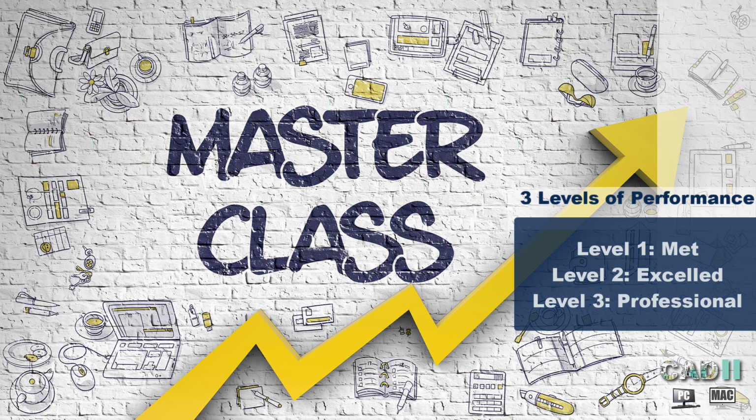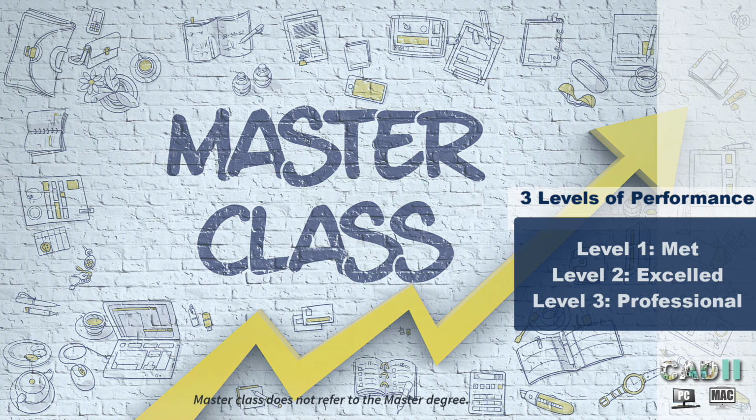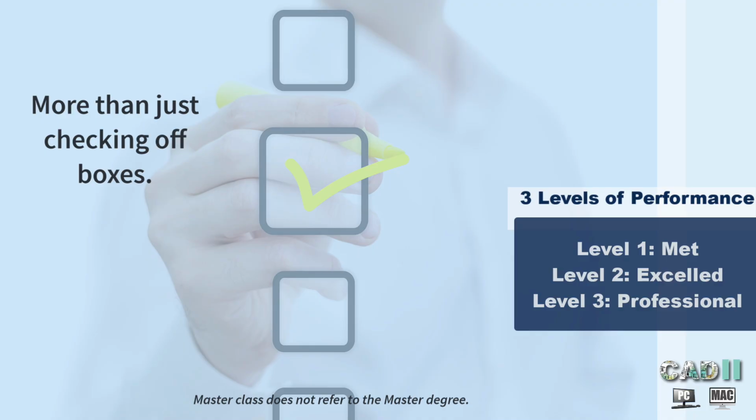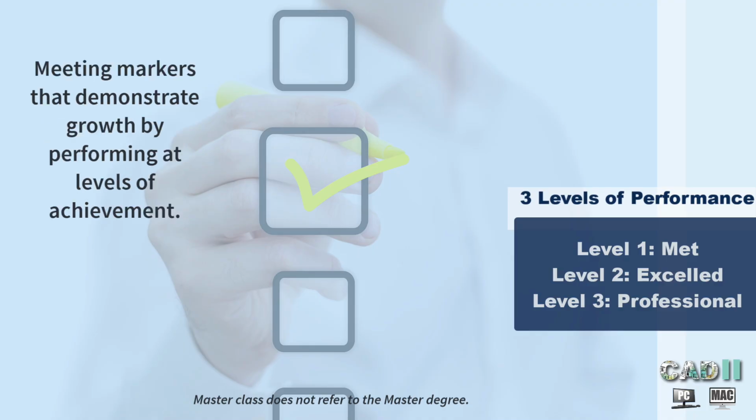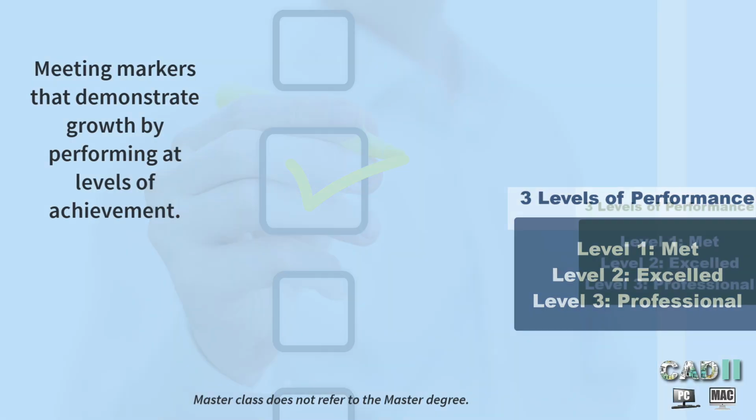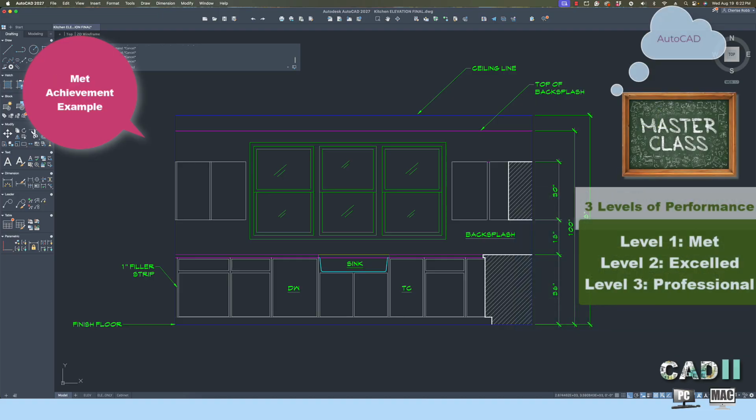So what is the idea behind CAD II as a master class? In master class, success is more than just checking boxes. You demonstrate growth by performing at different levels of achievement. For each assignment, you can meet the learning goals in 3 different levels. What this looks like for Level 1 is learning outcomes met. You meet the essential criteria for the assignment.